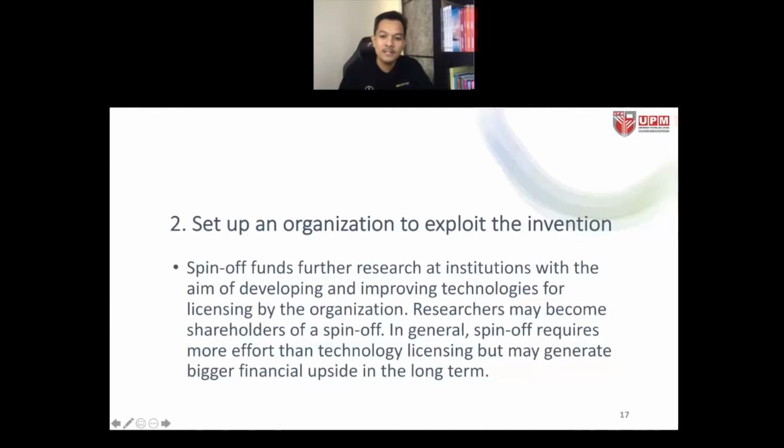So in general, a spin-off requires more effort than technology licensing, but may generate bigger financial upside in the long term, because it is just a vehicle for the researchers to be involved, to give some incentive to the researchers, to motivate the units that are producing the IP, for them to bring the idea to the market.